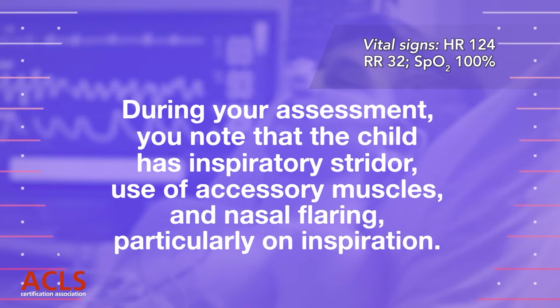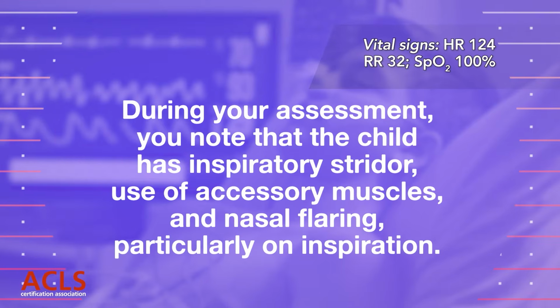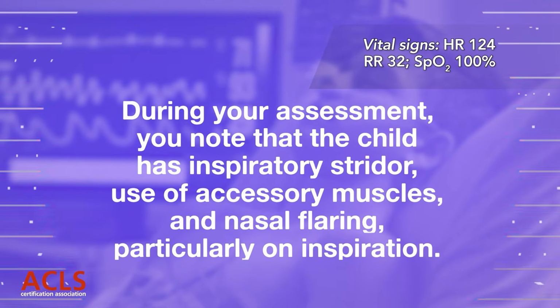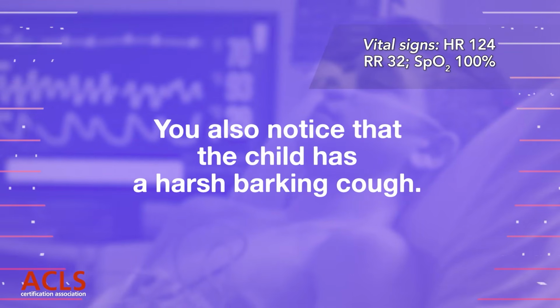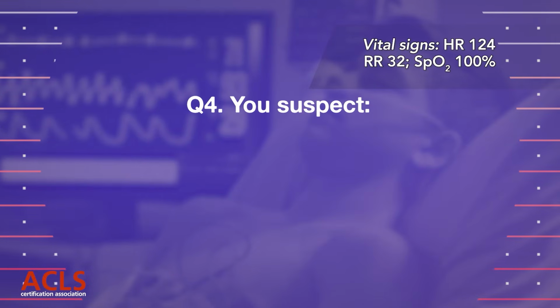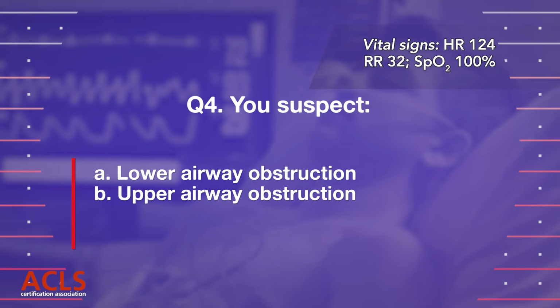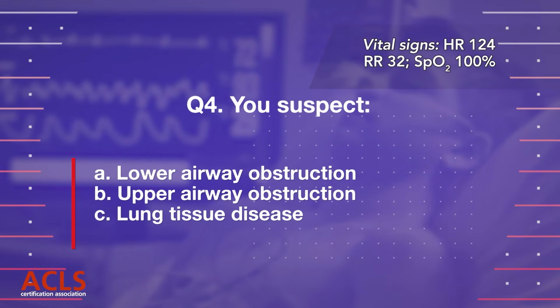During your assessment, you note that the child has inspiratory stridor, use of accessory muscles, and nasal flaring, particularly on inspiration. You also notice that the child has a harsh barking cough. 4. You suspect A. Lower airway obstruction. B. Upper airway obstruction. C. Lung tissue disease.